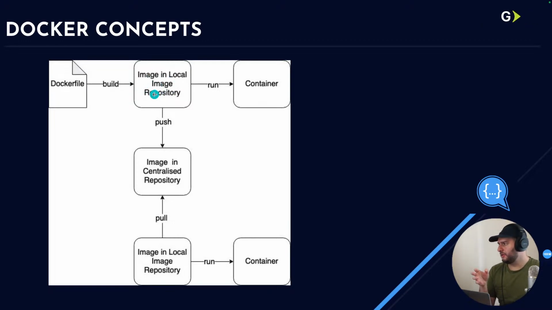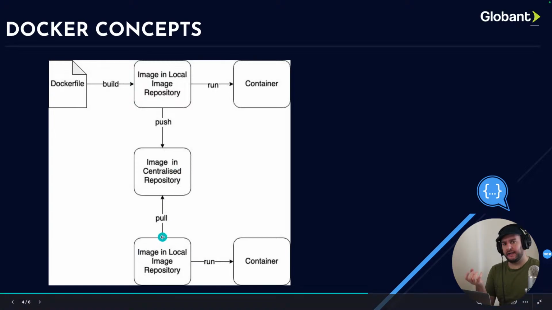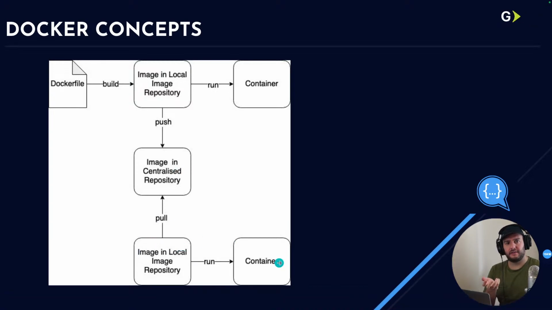Once you have that in your local repository, you can either run it, and if you run it, it will create a container. So it will create a virtual machine in your laptop, and it will run the container. So it will run the application and so on. Then you can push that image to a centralized image repository, and then other people can pull that image and run the same container.